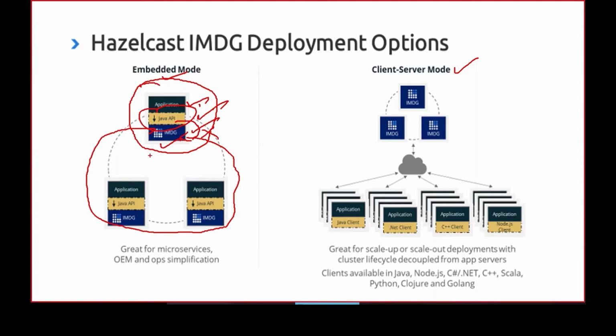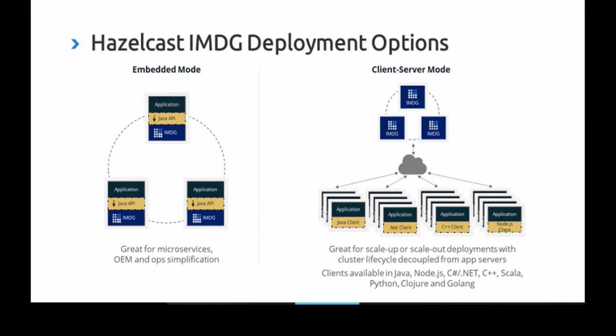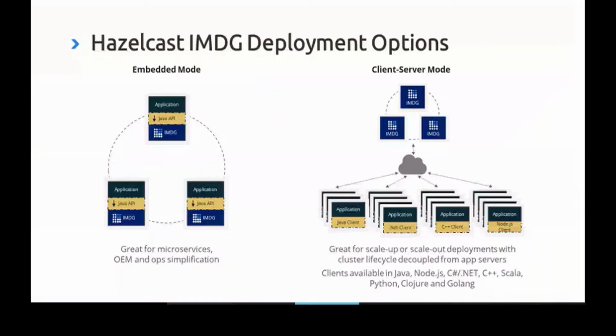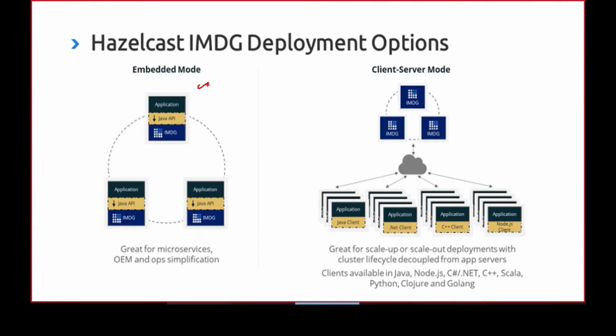So within the application itself, the cluster is getting formed. This is very, very good for microservice architecture, which I have just told, right? The exact picture depicting that is this kind of deployment. So it depends. When you're going for microservice deployment, the best way of deploying your cluster is embedded mode.